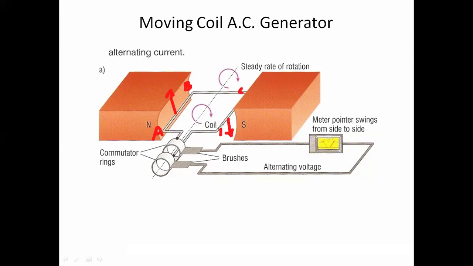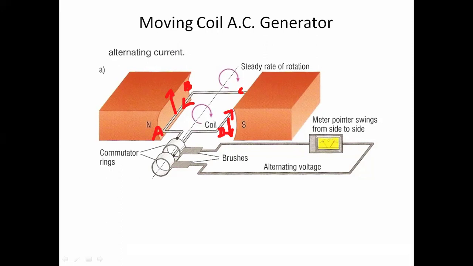In particular, if you apply Fleming's right hand rule, with field towards south and motion upwards, the induced current direction is this. And on the other side, because the motion is down, the induced current direction will be this.